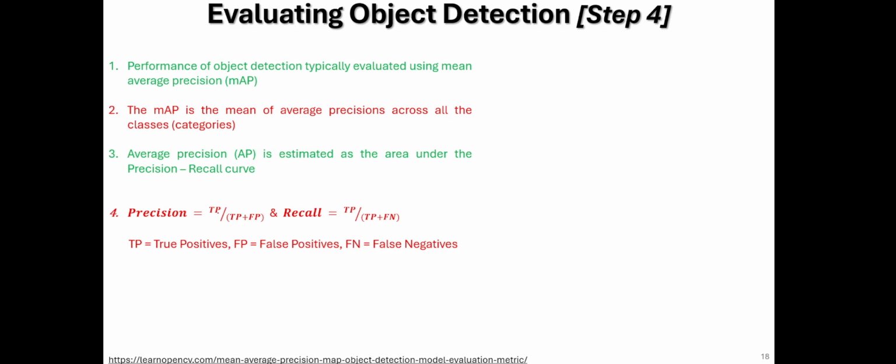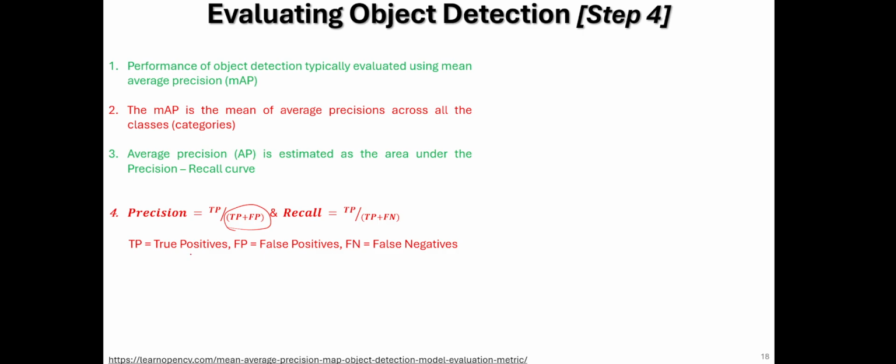Precision is standard, it's not object detection specific. Precision in general is total true positives divided by total of true positive and false positive. This basically means all the predictions. True positive or false positive means it is more towards the predictions, nothing to do with the ground truth. So you can say that out of all the predictions, how many of them are true, that is precision.